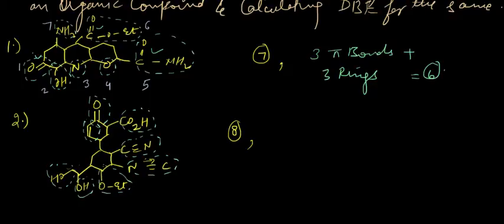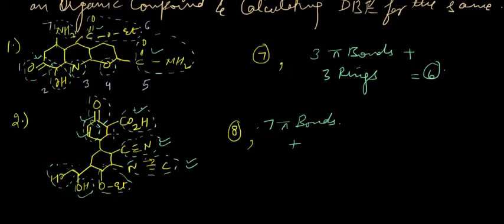How many pi bonds are there? 1, 2, carboxylic acid has a pi bond, 3, 4, 5, 6 pi bonds. Oh sorry, I forgot this pi bond, so the total would be 7.